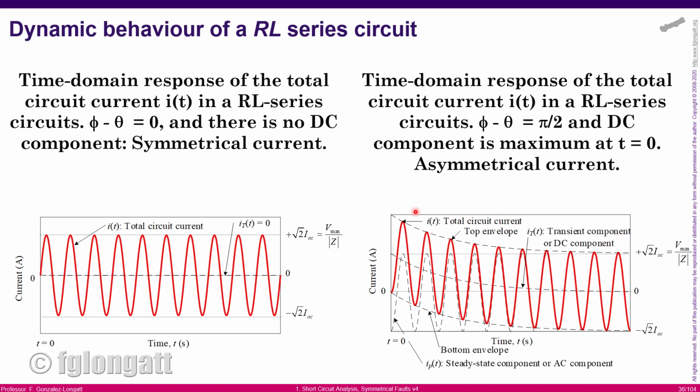Okay, conclusion for this analysis. First, if we have a DC component, the maximum instantaneous value after closing the circuit breaker will depend on this DC component. Second, the DC component has an effect over time, modifying the symmetry of this wave.